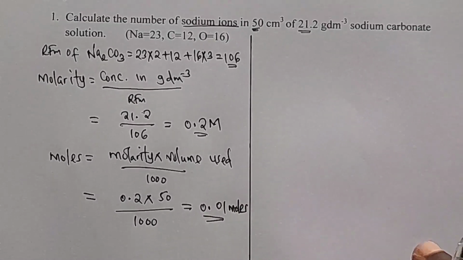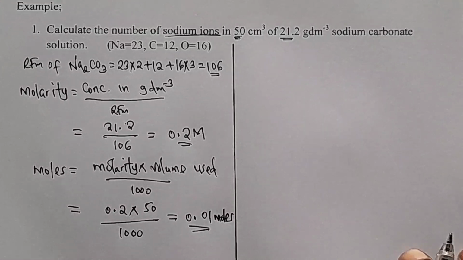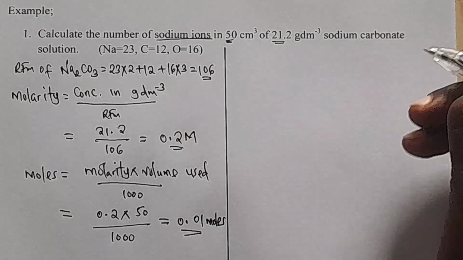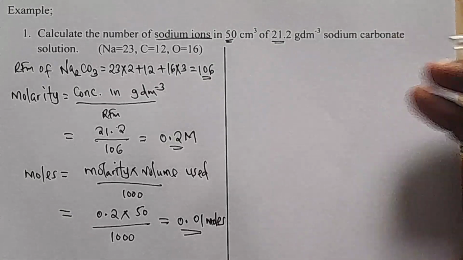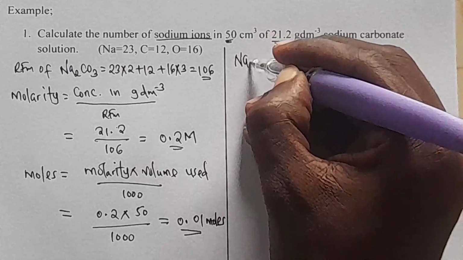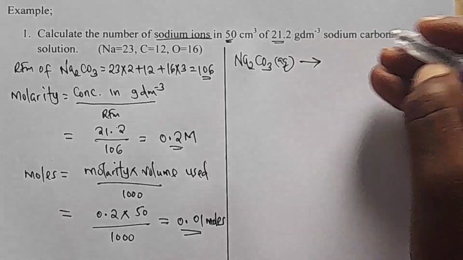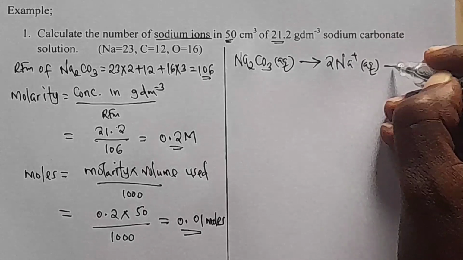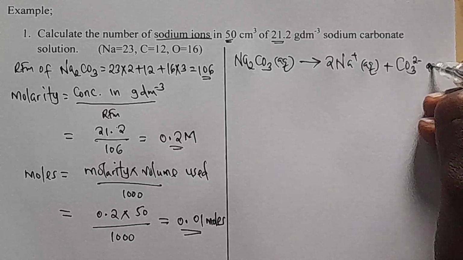Okay, thereafter, we have 0.01 moles of the sodium carbonate solution. So we have to write now the reaction for the dissociation of sodium carbonate solution. Sodium carbonate aqueous dissociates to produce 2 sodium ions aqueous plus carbonate ion aqueous.